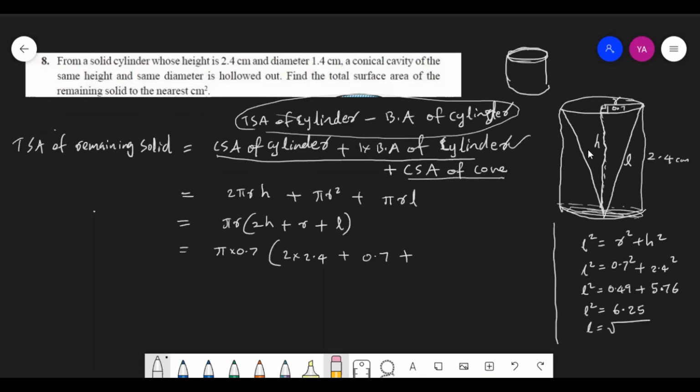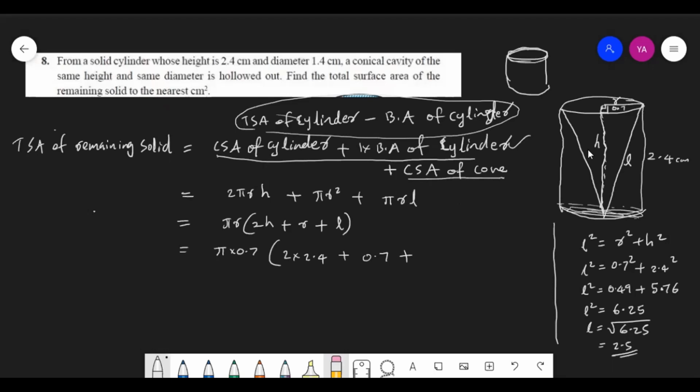Now L is equal to root 6.25. We know the square root of 625 is 25, so the root of 6.25 will be 2.5.